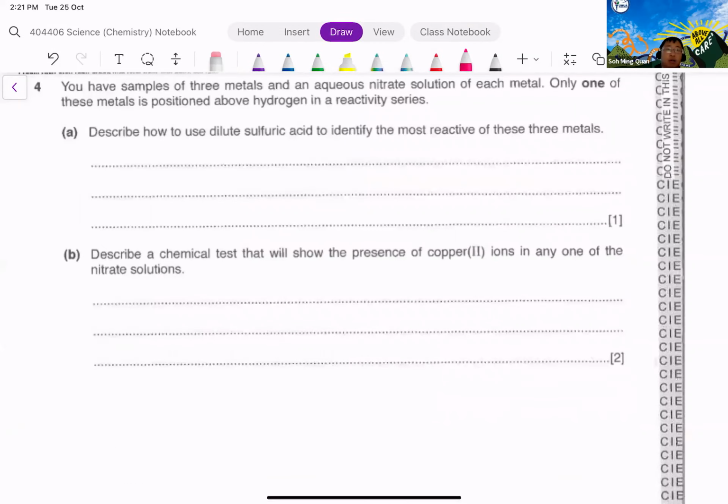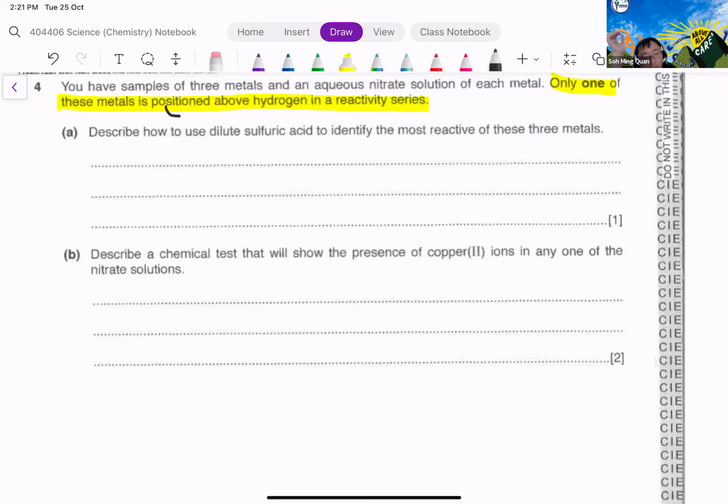Question 4 is not super hard, but because it requires you to briefly plan an experiment or describe a test. Now, most students didn't know how to do this that year because they didn't realize how to determine the most reactive of the 3 metals. Okay, now you are told that only one of these metals is above hydrogen. This is an important sentence.